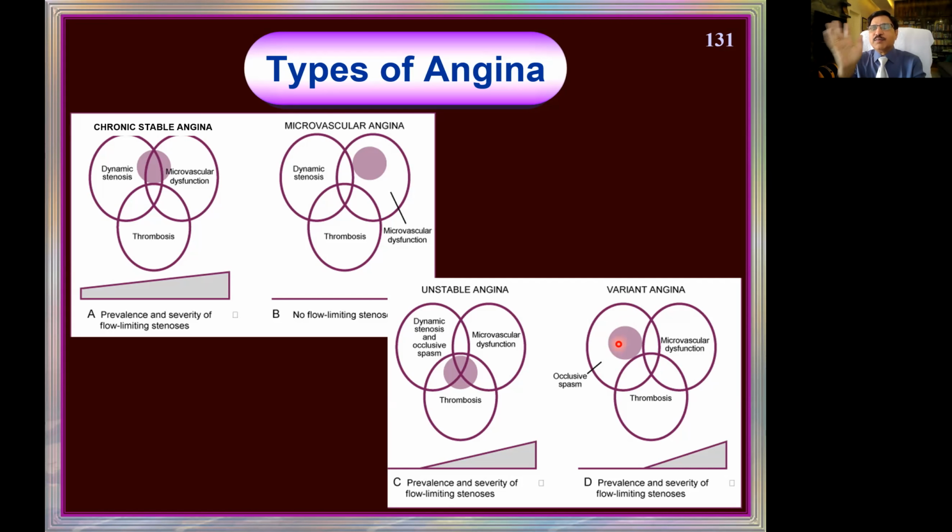It is only ischemia. So you understand? You have to have a very clear picture of what you are talking about. Chronic stable angina, crescendo angina, microvascular angina, unstable angina, and then variant angina. Because the ECG pictures of these will differ. That is the story. Let us go.